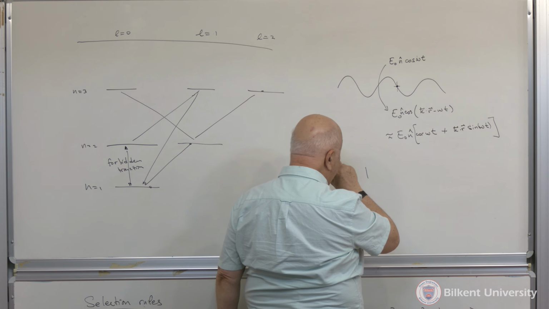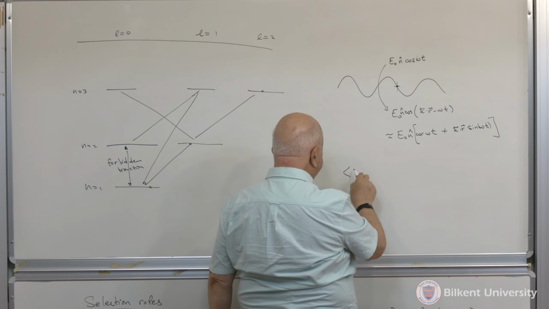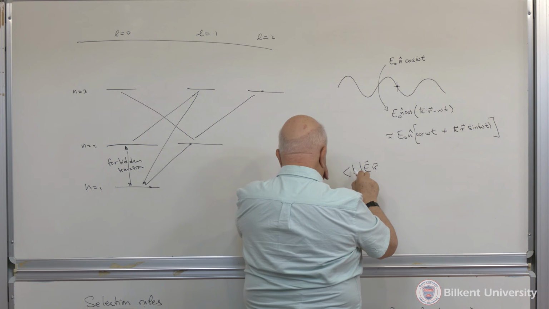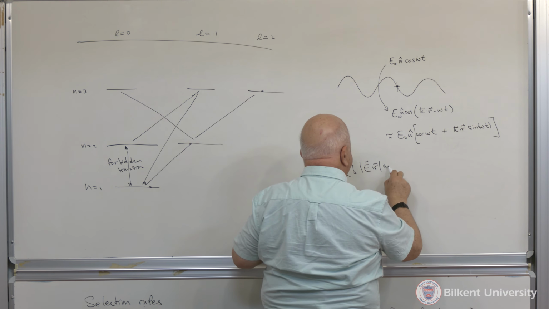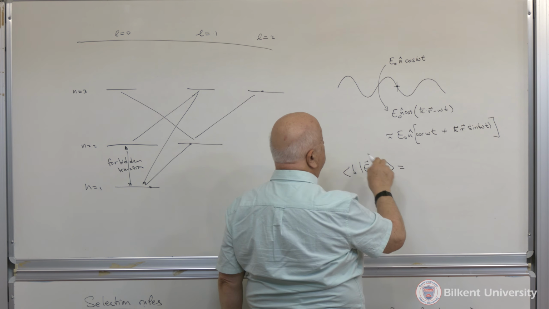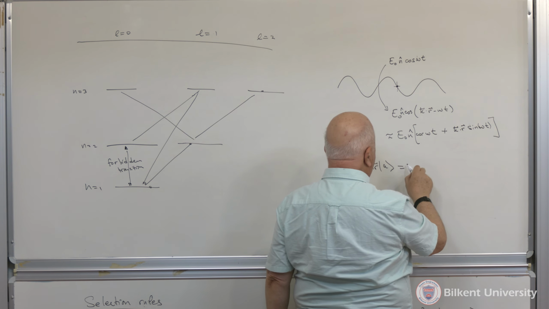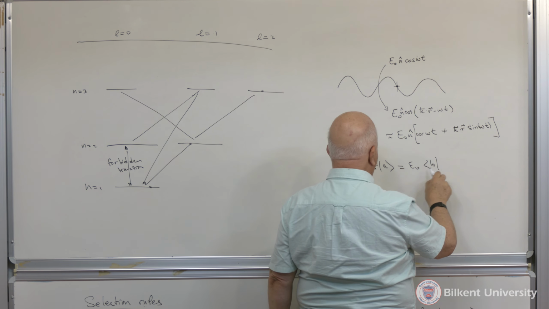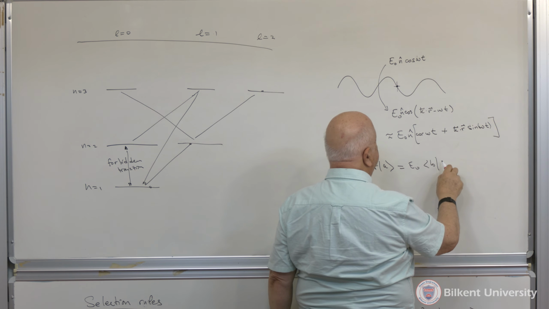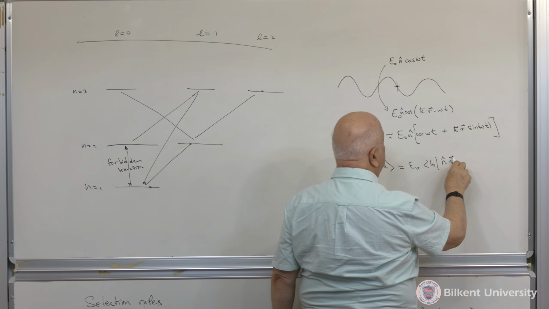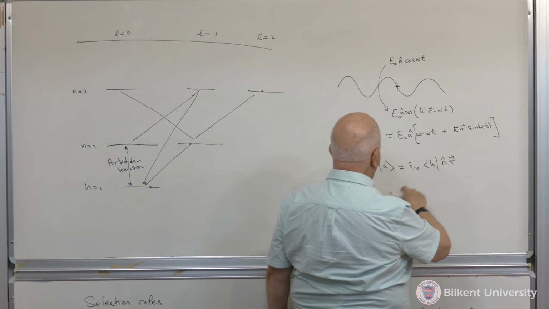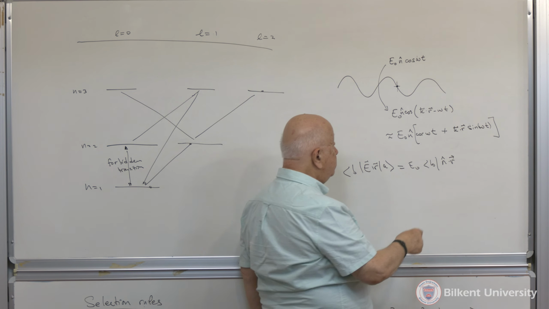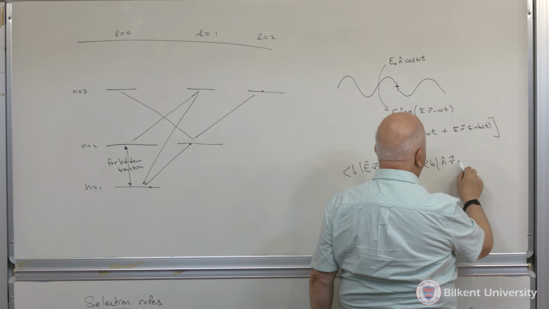So my expectation value for E dot r is now going to be equal to this E0 times the expectation value of b, and I have this n dot r, which is the term that we have been working with all this time, times this cosine omega t factor.